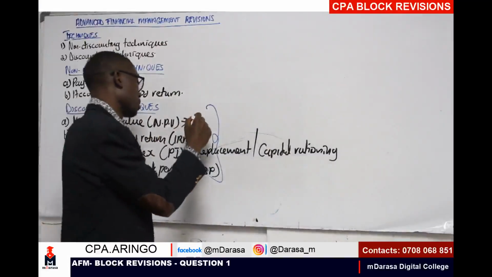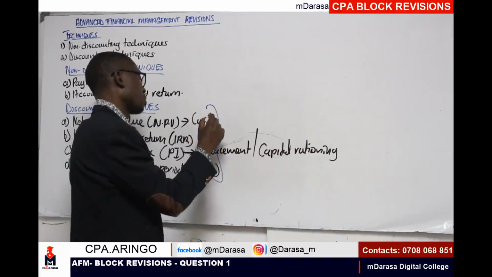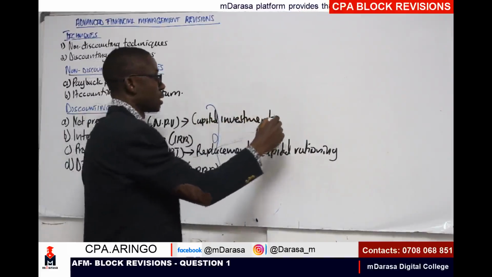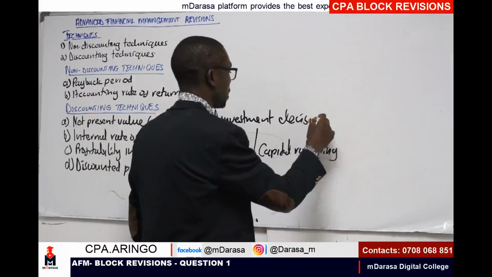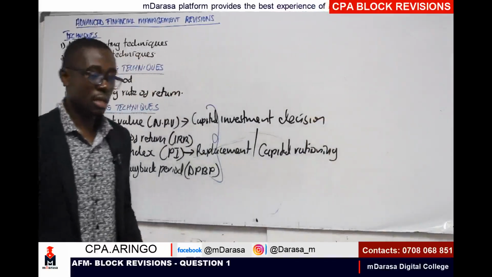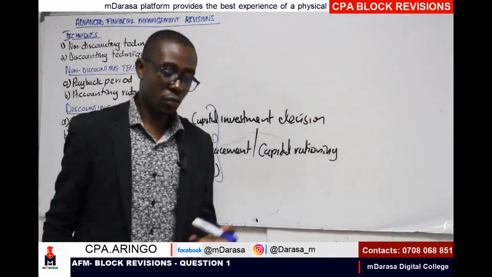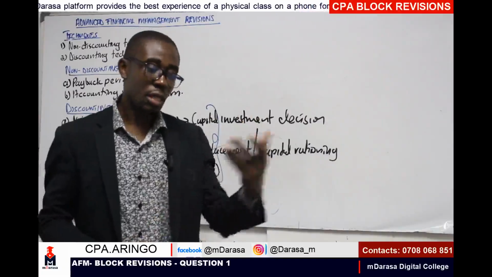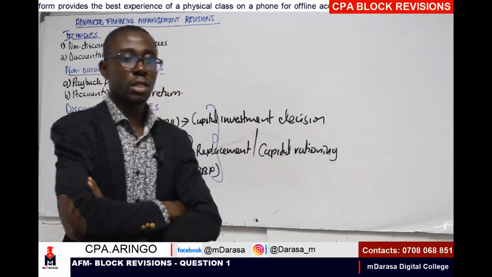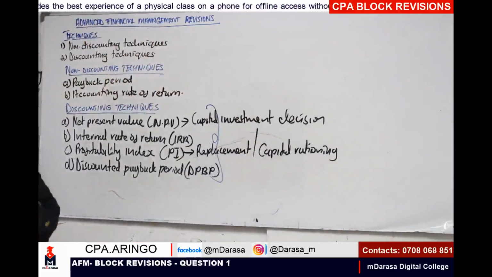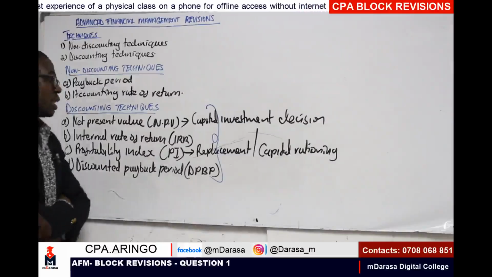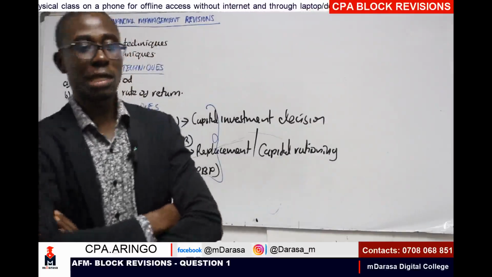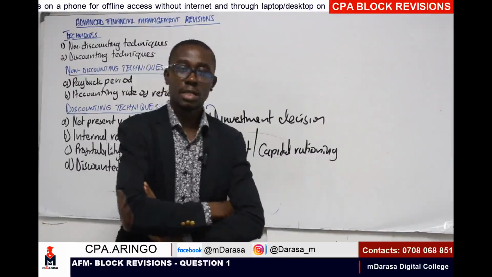Most of the cases for capital investment decisions, we normally measure or compare our net present value to determine the worth or viability of our project or investment, if in future you'll be having a profit or loss. So that is where we normally tend to use the net present value, which we're referring to as NPV. So in our question, clearly, we can see it is a capital budgeting decision.